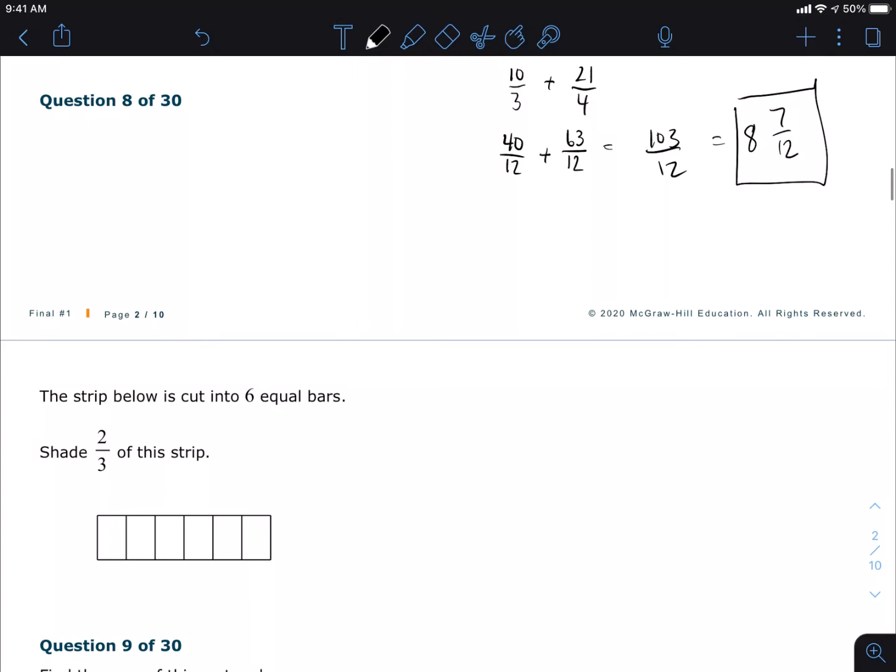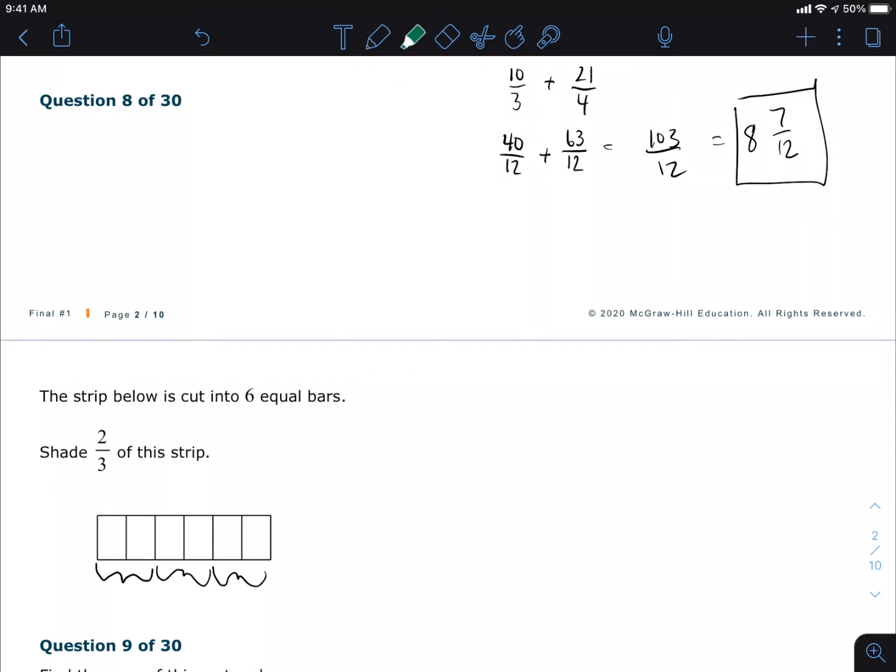All right, here's number 8. And it says to shade it so it's 2/3. So we want to break this up into 3 groups. So this is a group, this is a group, and this is a group, right? So that they're even.